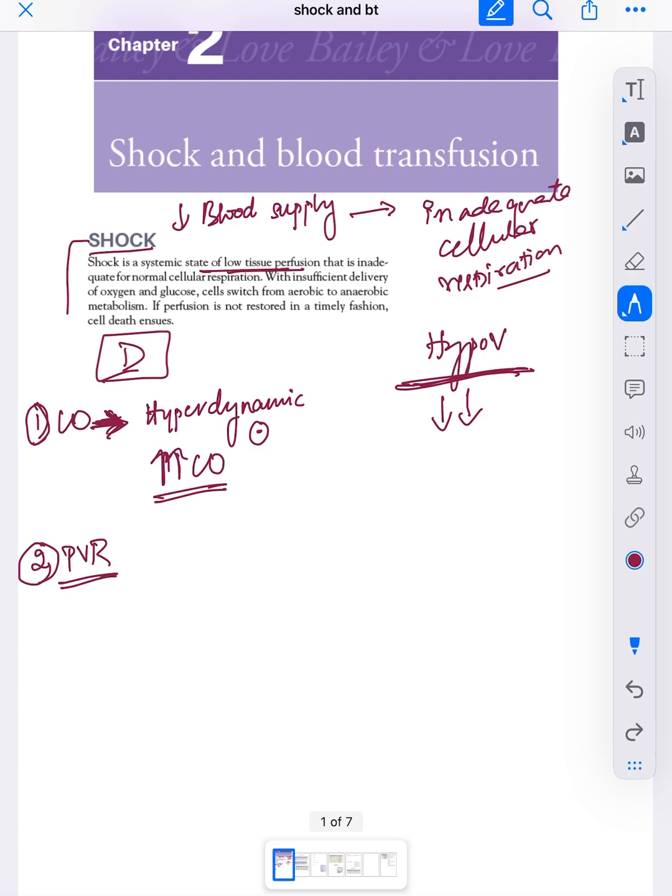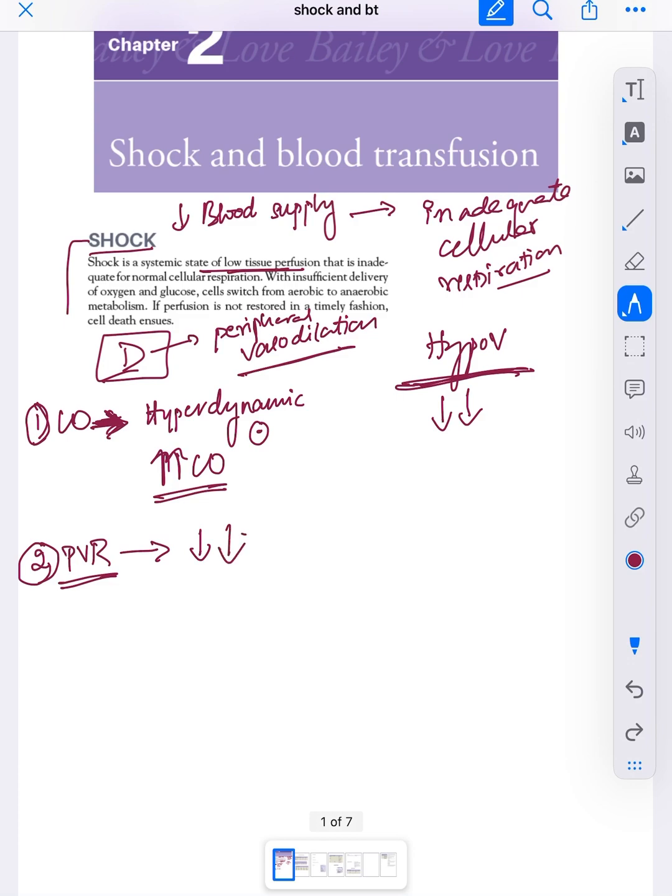The very word distributive itself means that there is peripheral vasodilatation because of which the blood is getting distributed, correct? So what happens to the peripheral vascular resistance? Vasodilatation means vascular resistance is low.